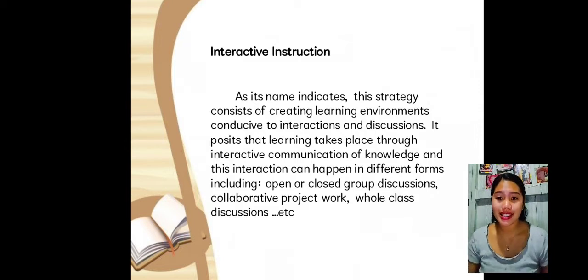It posits that learning takes place through interactive communication of knowledge, and these interactions can happen in different forms, including open and closed group discussions, collaborative project work, or whole class discussions, and so on. So interactive instruction is when students learn through social interactions.